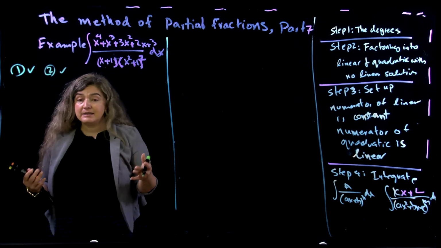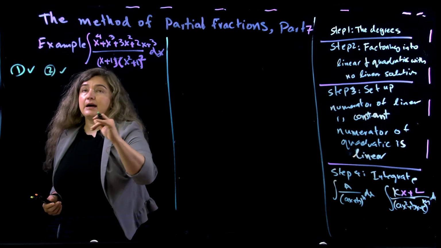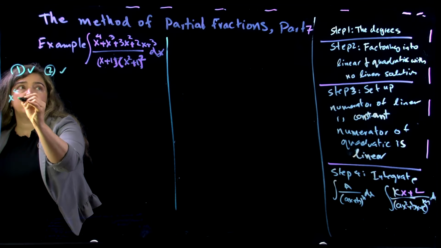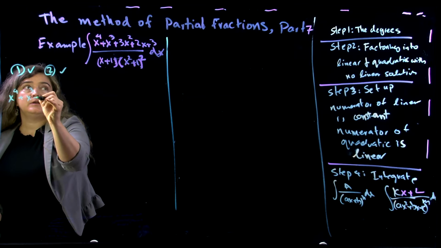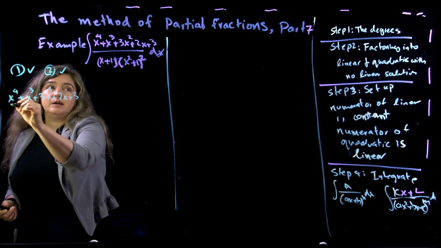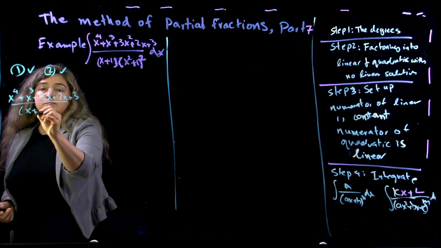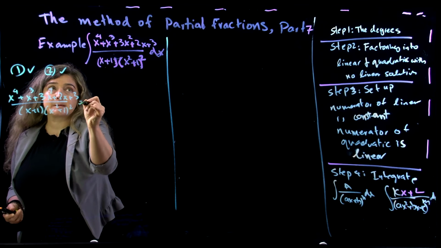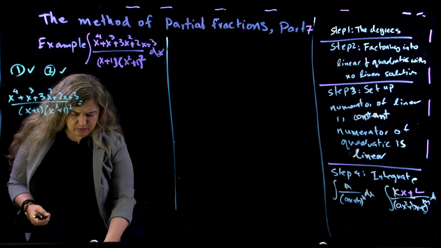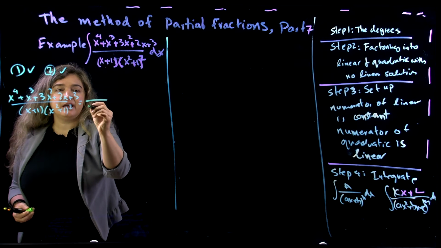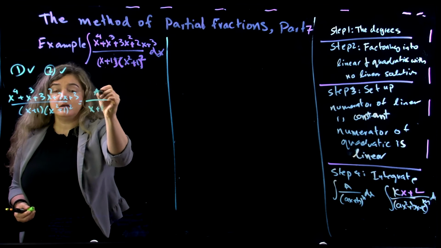So how do I set this up? Here's how. The fraction, which is x to the 4th plus x to the 3rd plus 3x squared plus 2x plus 3 over this, is going to be equal to a over x plus 1.